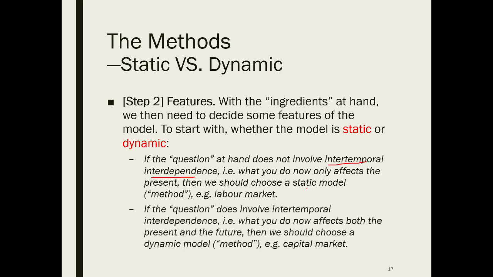In contrast, if the question does include intertemporal interdependence, that is, what you do today affects both today and tomorrow, like investment decisions, then we should choose a dynamic model, of course. We will discuss this type of models in topic 2, business cycles in the capital market.